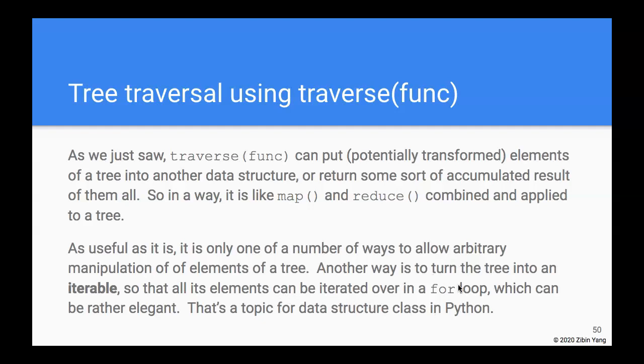And this is actually a way that I personally really like even better than traverse, but it is a topic for a different class, a class on data structures in Python. But I do want to mention it to encourage you to continue studying data structures and Python.